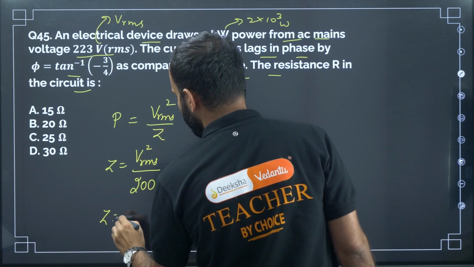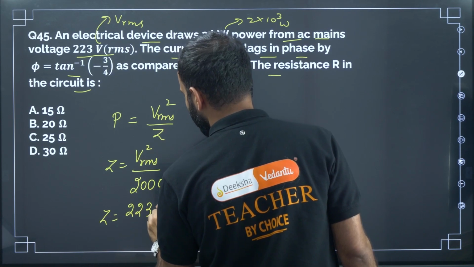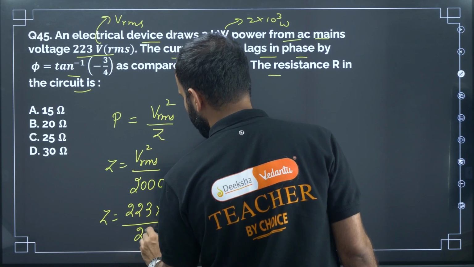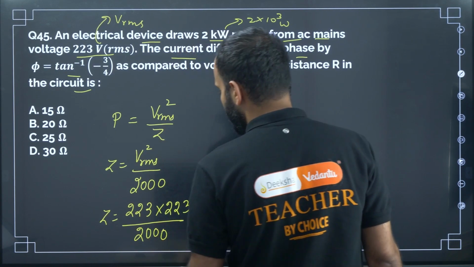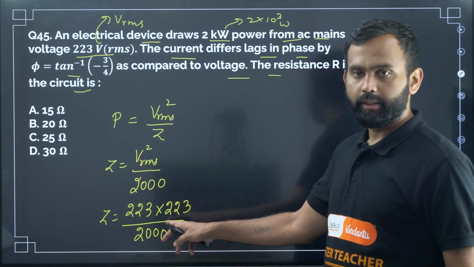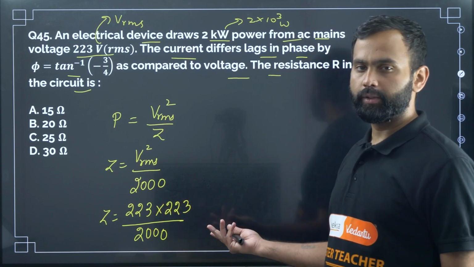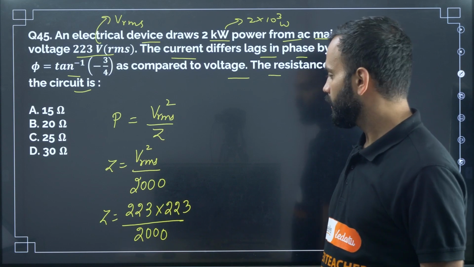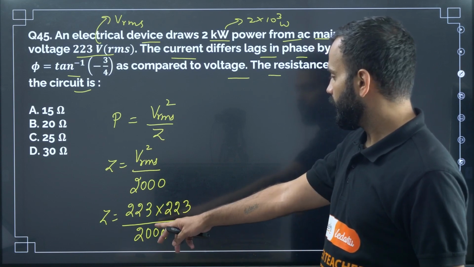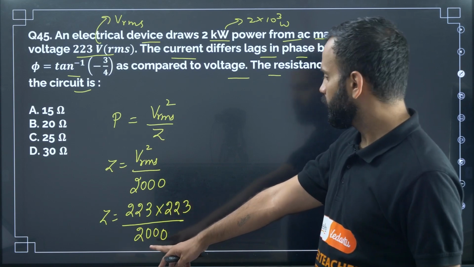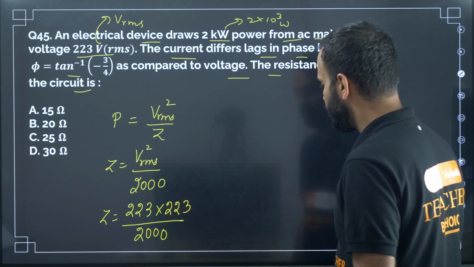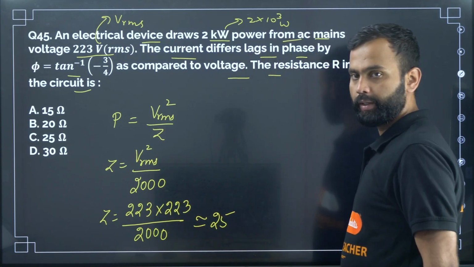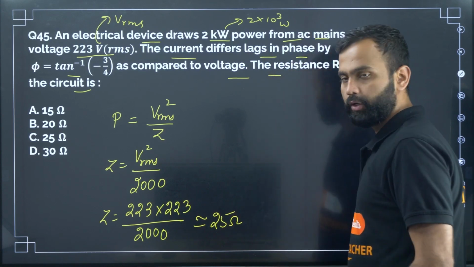So now Z equal to 223 into 223 divided by 2000. So now 223 into 223 is 2.23 whole square into 10 to the power 4. So 10 to the power 4 by 10 to the power 3 is 10. Then 2.23 whole square divided by 2, so it will be almost 2.5. So it is almost equal to 25 ohm. So this is the value of Z.